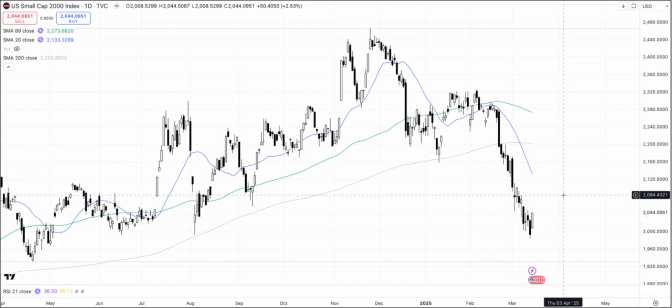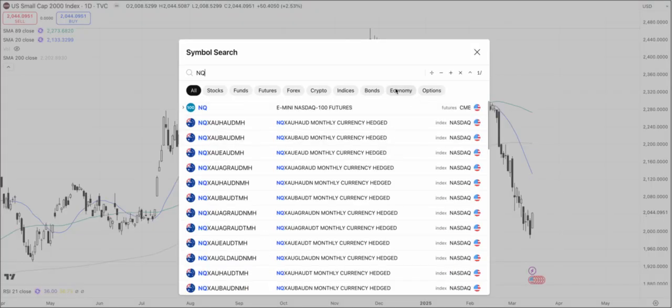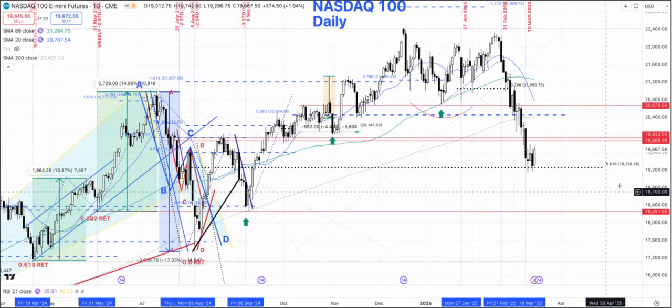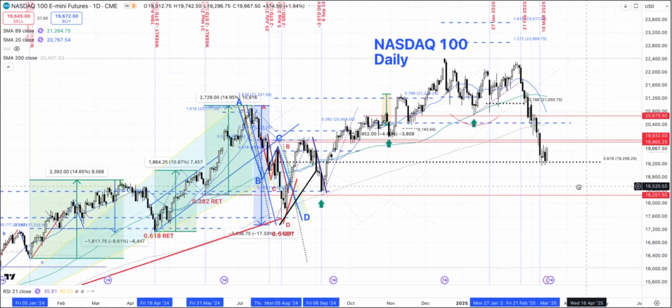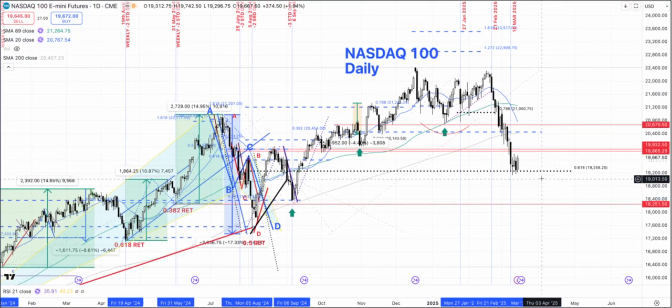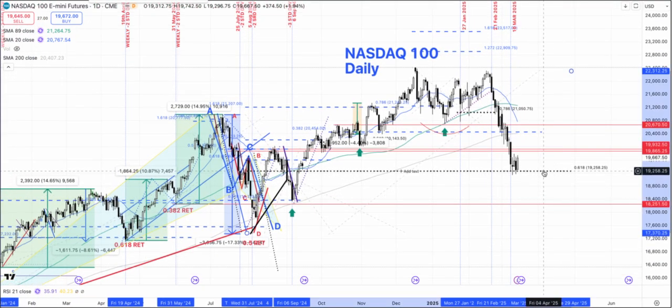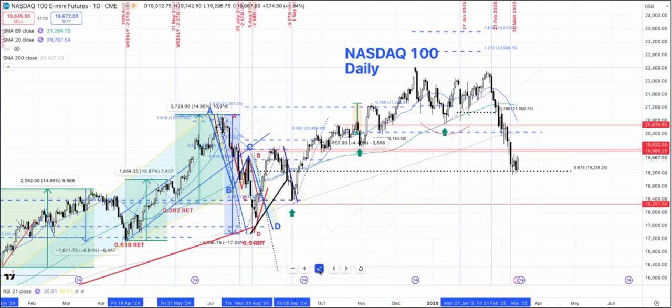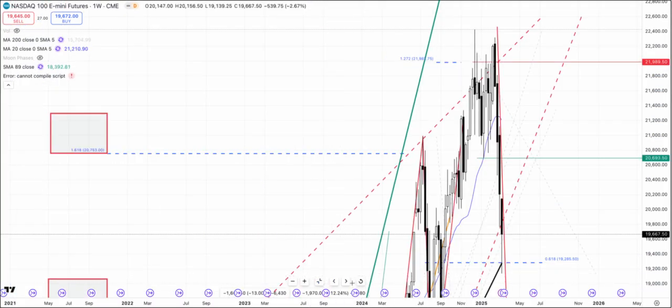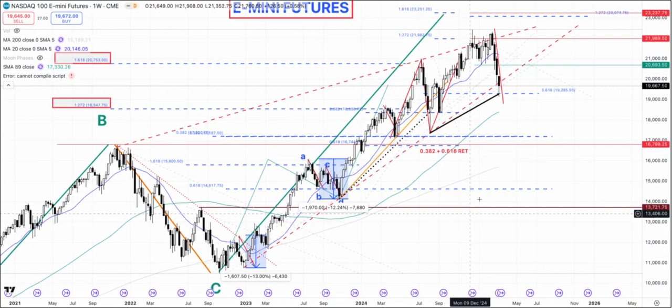Now what we're going to do is we're also going to take a look at this on the futures chart, and I'll show you that even the futures markets are doing the same thing. So this is the NASDAQ 100 daily chart, and the 61.8% retracement of the 5th of August lows right here. If we move to the weekly chart, it's a little bit easier to see.